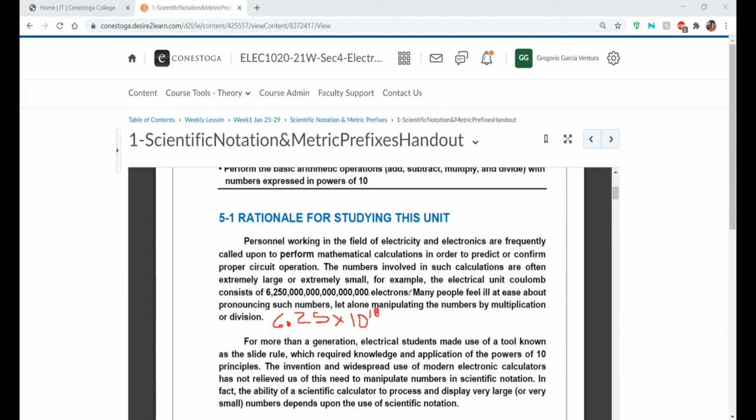Whenever you have 6.25 times 10 to the 18 electrons together, you have 1 coulomb, and when 1 coulomb passes through a point in a wire, because it's being forced by the potential energy of 1 volt, then you have 1 amp. But that's a very, very large number. So that's why we used scientific notation in this instance, in order to express such a large quantity.